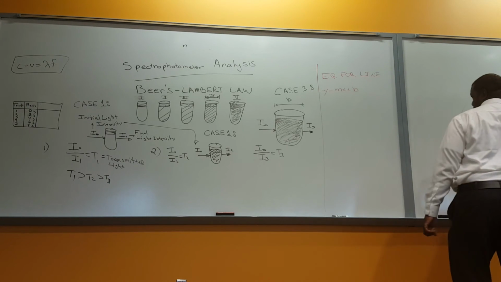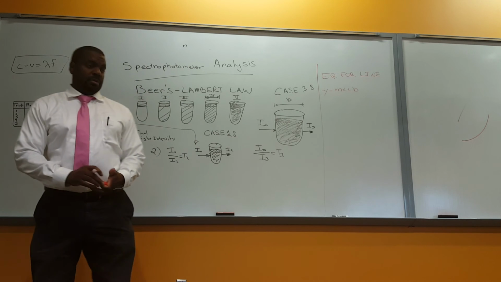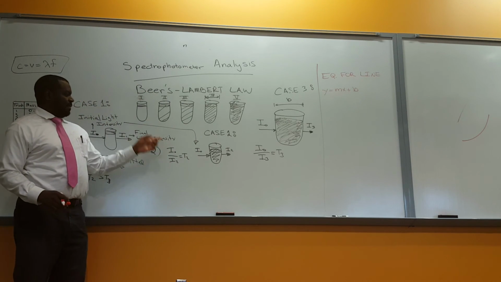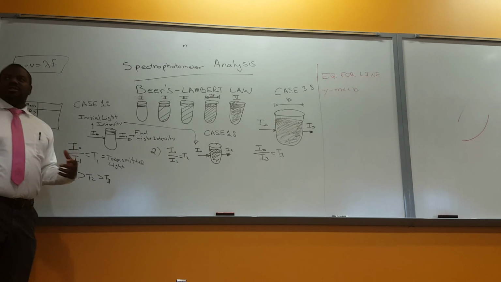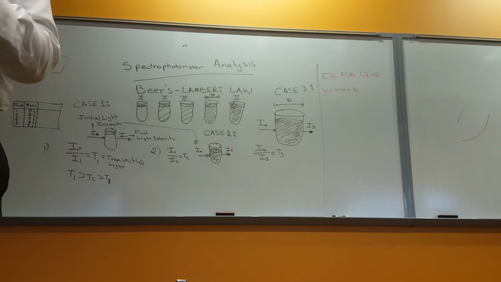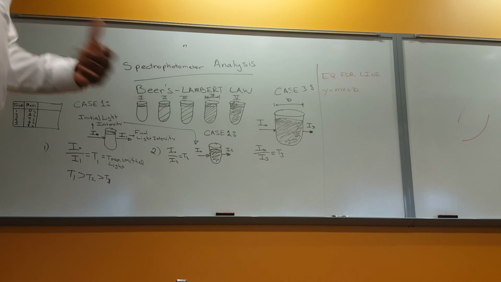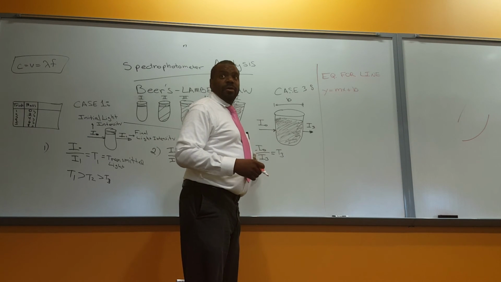And the machine does this for you. You have a certain transmittance, but another way to look at transmittance is how much light is being absorbed, right? So therefore, we can look at it from that perspective. So now that you got your transmittance values using this ratio, the machine does this for you.